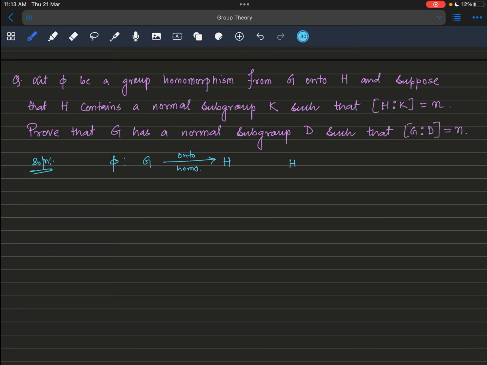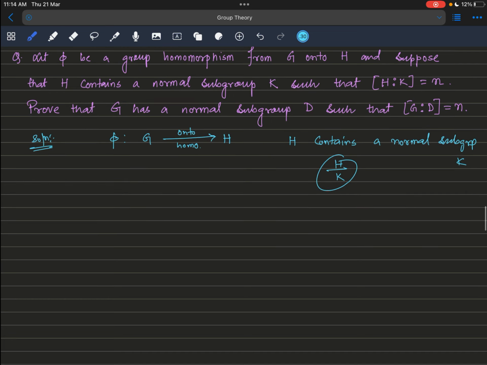And we are given that H contains a normal subgroup, that is K. That means the quotient group H by K makes sense. Okay, fine.